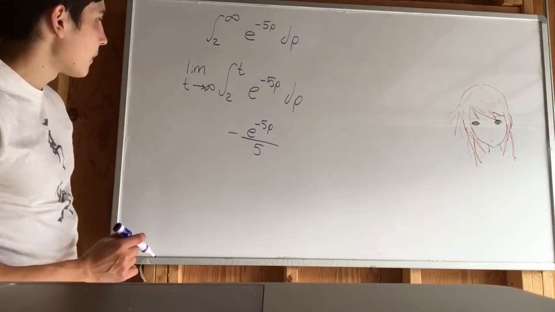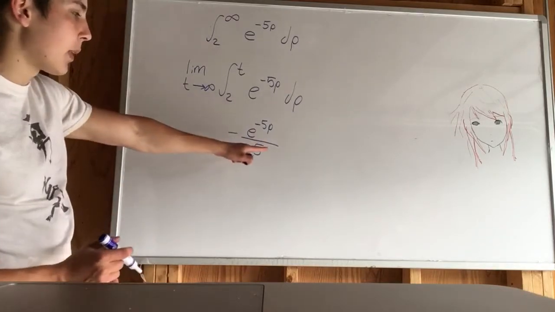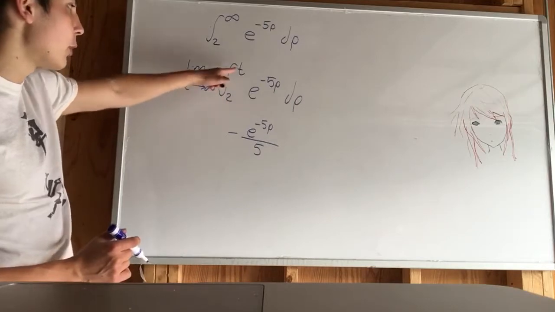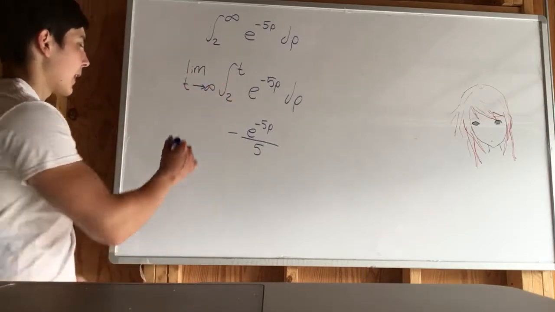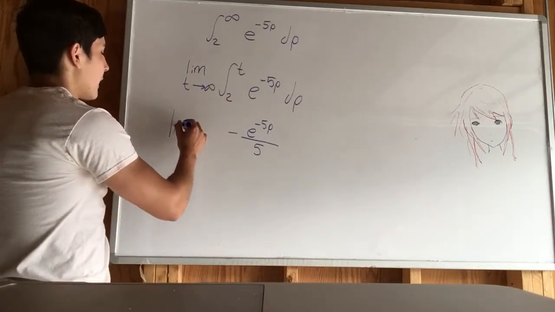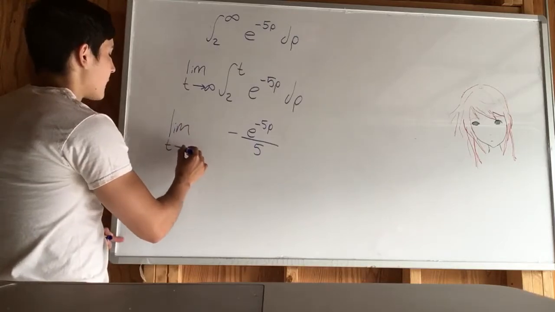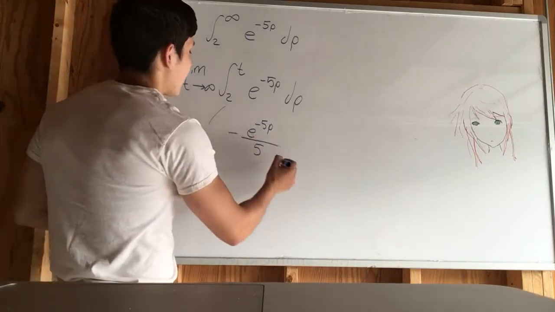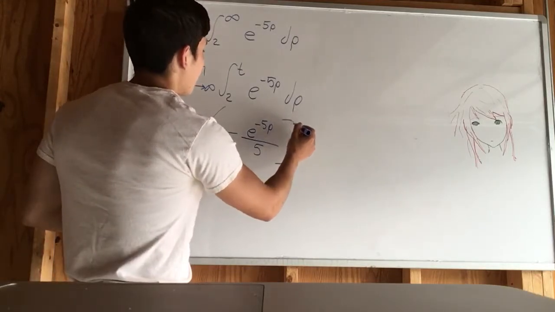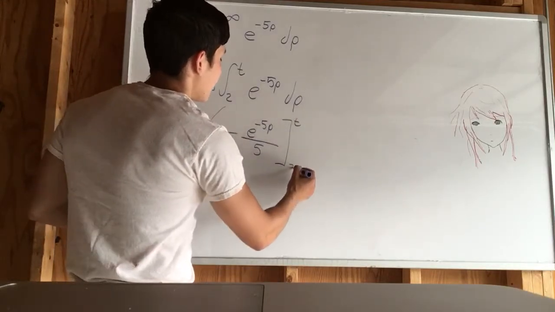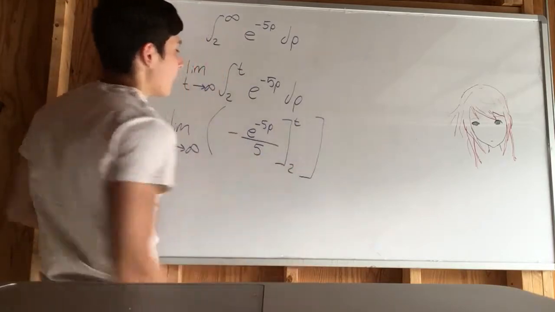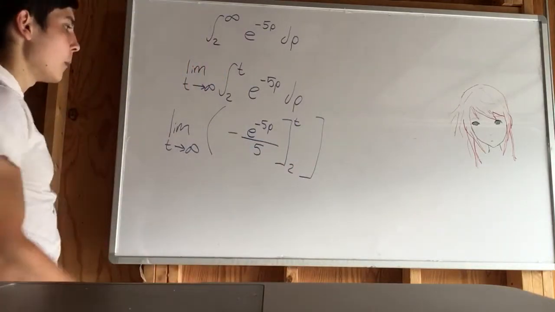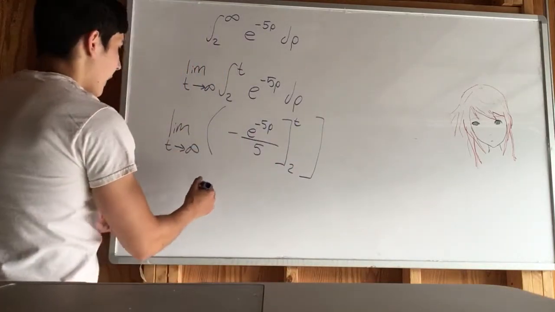So now we're not doing plus c, we're doing from 2 to t, and we're taking the limit of that. The limit as t goes to infinity of this thing, which goes from 2 to t. So when something goes from 2 to t, you first plug in the upper bound.